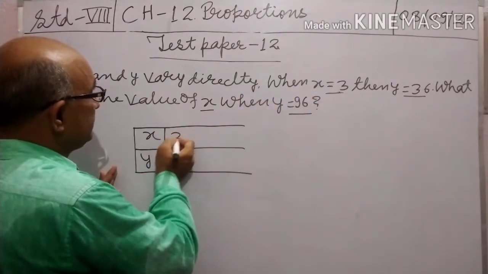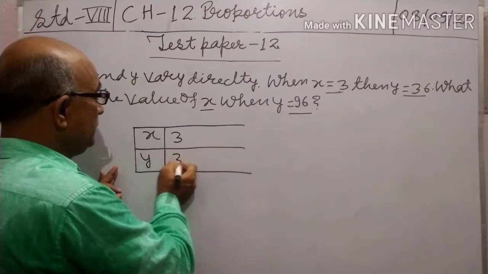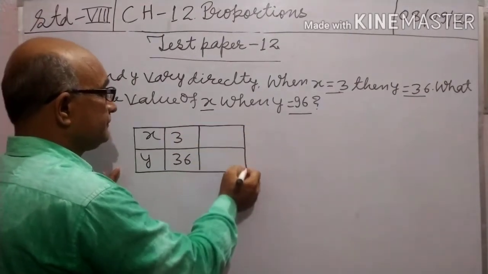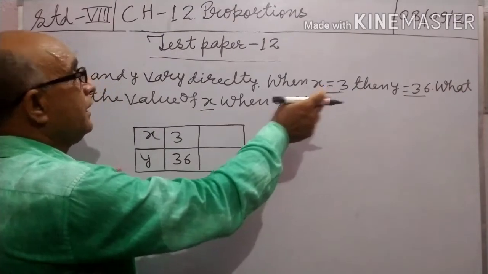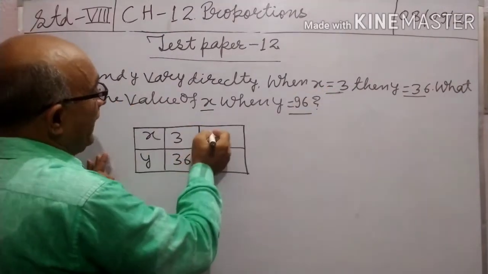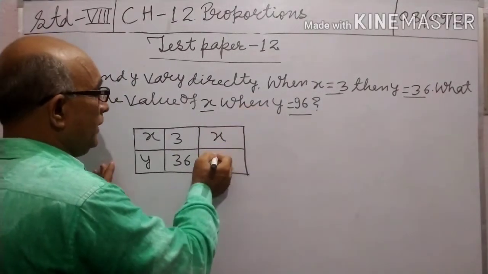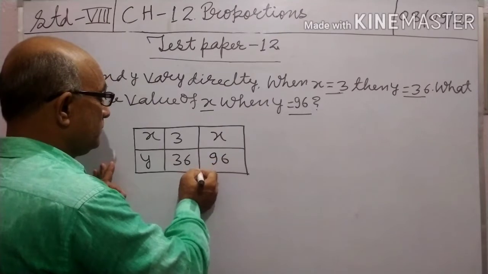X equal to 3, then y equal to 36. Let the value of x be x when y equal to 96.